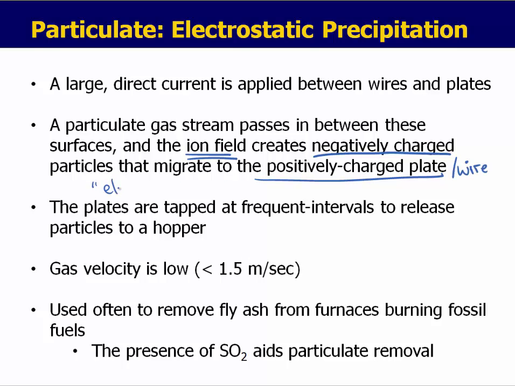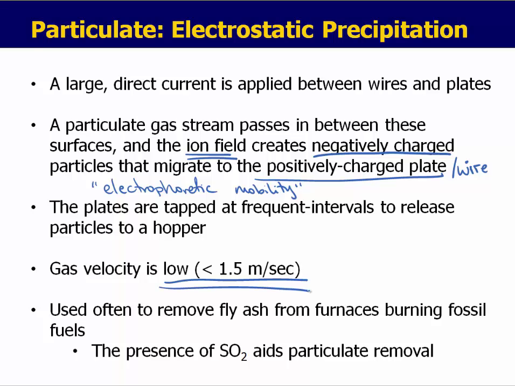So this depends on electrophoretic mobility. For this to work and be efficient, the gas velocity moving through those plates has to be fairly low. That way, the electrical charge can act upon those particles and encourage movement, electrical interaction.